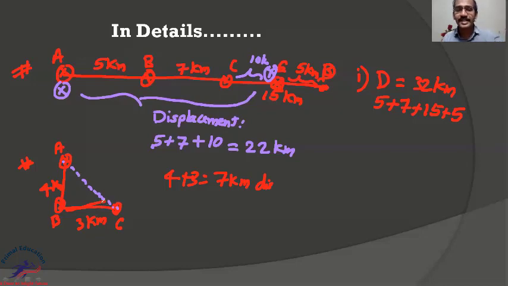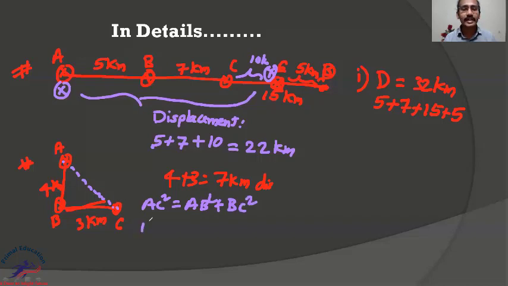Can we remember our maths teacher? It looks like a right angle triangle. There is a Pythagoras theorem. Yes, as per the Pythagoras theorem, this is the hypotenuse. Hypotenuse square is equal to side square plus side square, which is AB square plus BC square.